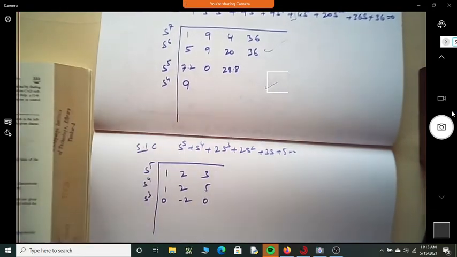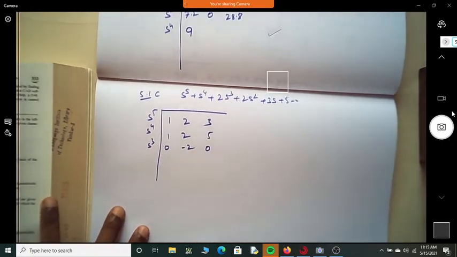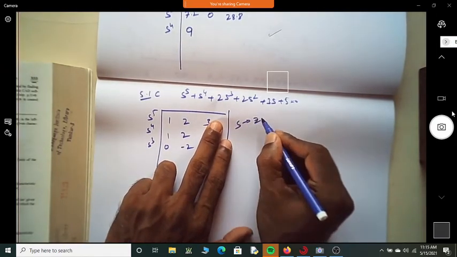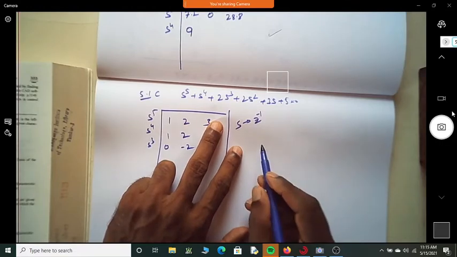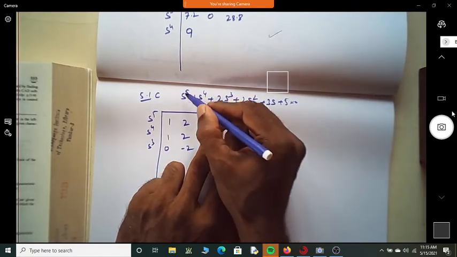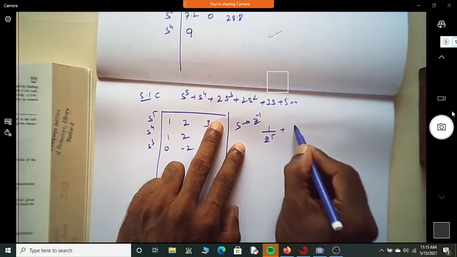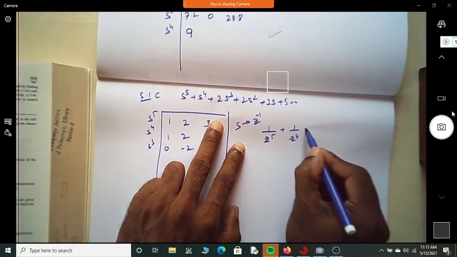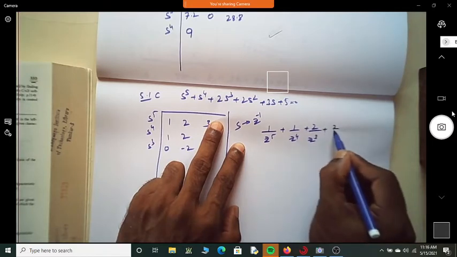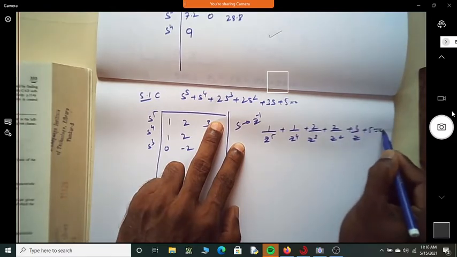Okay, in such case, we cannot continue because the subsequent terms will become infinity. In such case, you have to replace s by z to the power minus 1. Meaning, let us replace, then this will become 1 over z to the power of 5 plus 1 over z to the power of 4 plus 2 by z cube, then it is 2 by z square plus 3 by z plus 5 equal to 0.